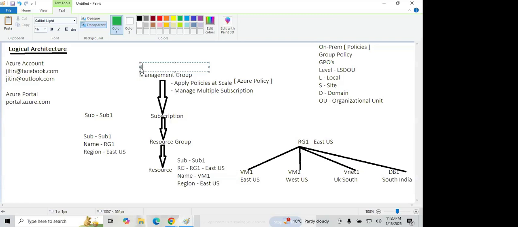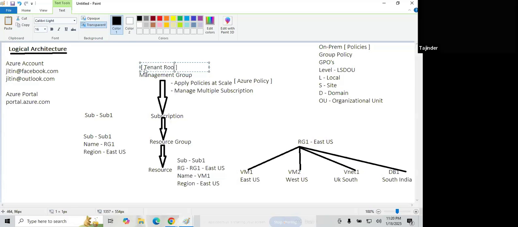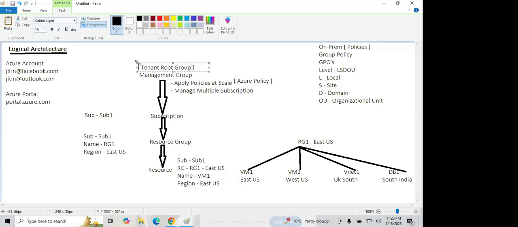So basically this first management group has a name and we call it the tenant root group. Sometimes people call this the tenant root management group, sometimes the tenant root group. So tenant root group is the precise name.